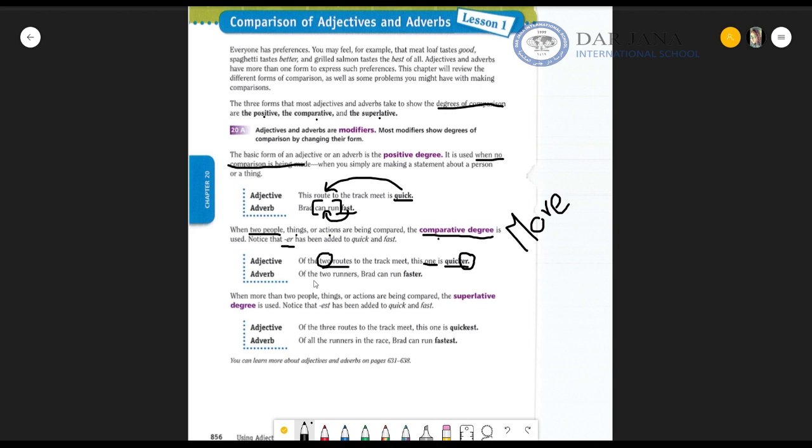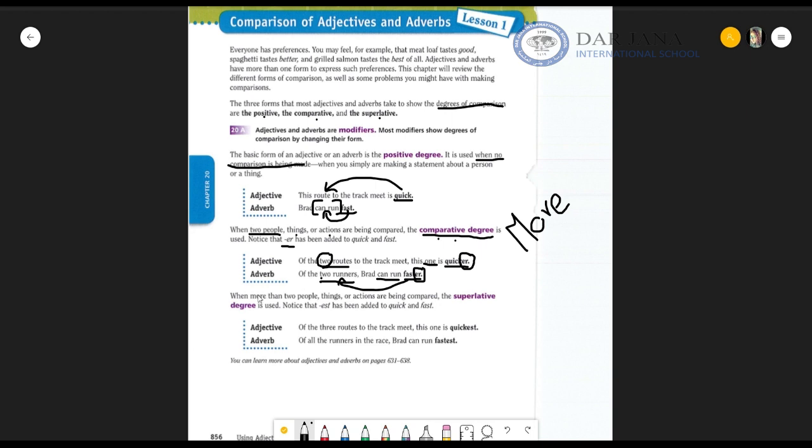Adverbs: of the 2 runners, Brad can run faster. ER was added to fast in order to tell me that the way Brad can run is faster than the way the other runner can run. So again, 2 runners, 2 different ways of running are being compared. ER is added to fast in order to convey the comparative degree.